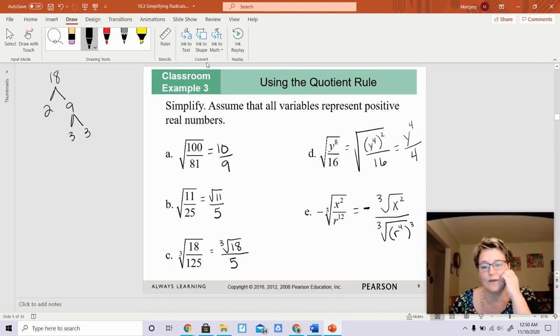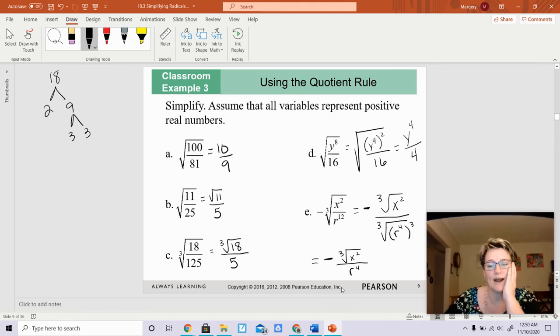R to the 4th raised to the 3rd power is really R to the 12th. So what you would end up with is the negative on the outside. I cannot take the cube root of x squared, but I can take the cube root of R to the 4th to the 3rd power. Whatever's being raised to the 3rd power comes out. So the R to the 4th power comes out.